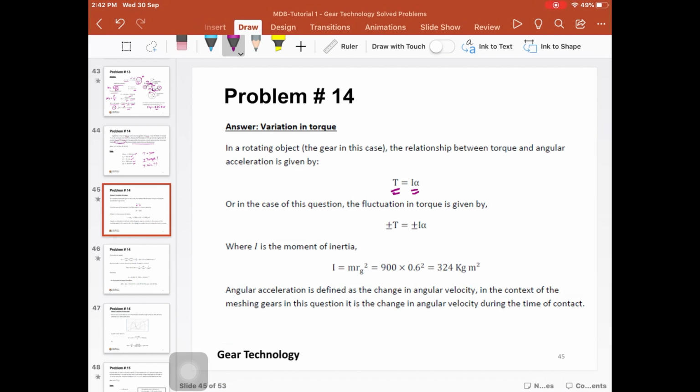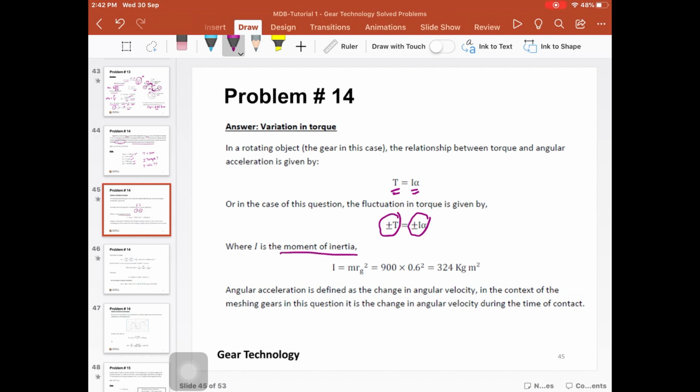So the fluctuations happen to the speed, consequently it affects the acceleration, and as a result the torque fluctuates as well. So the plus or minus T here means the fluctuations in the torque is equal to the fluctuations in the inertia forces.